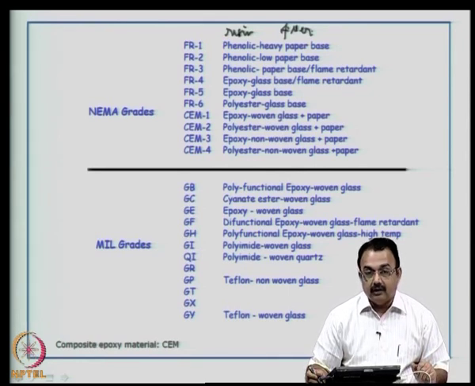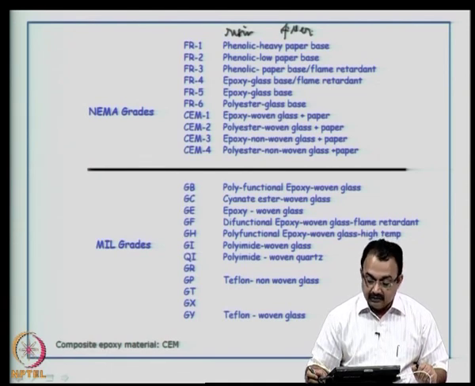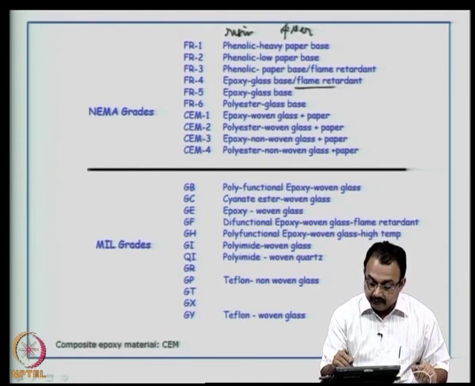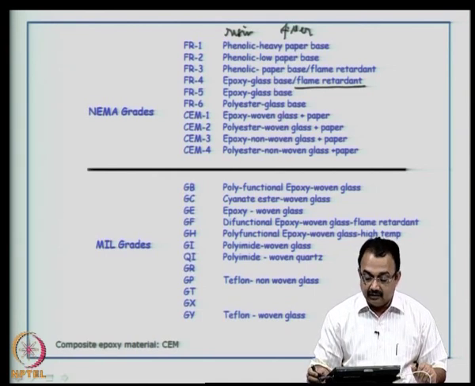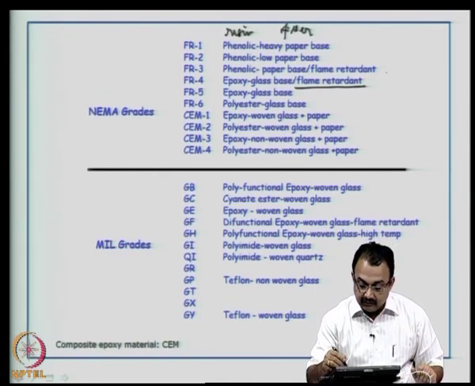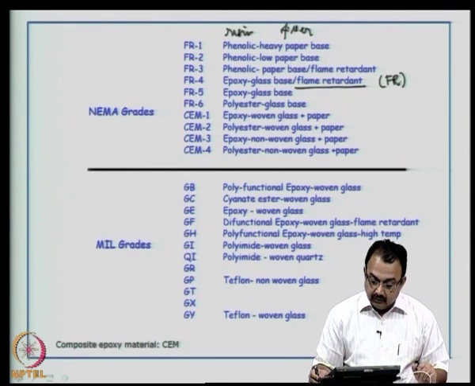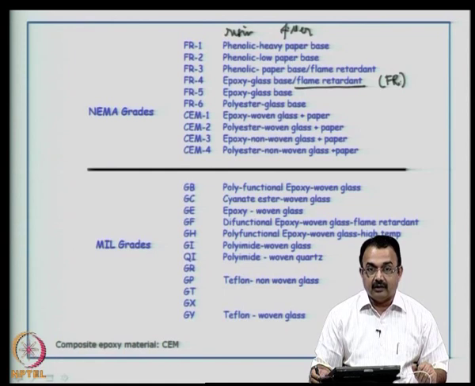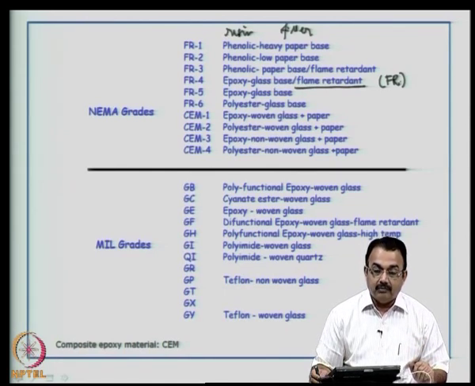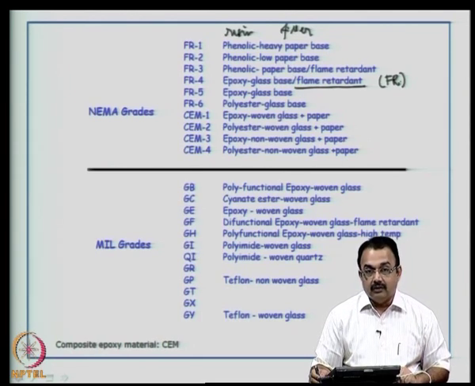FR4 for example contains an epoxy resin, it contains a filler which is glass base, and more importantly it is flame retardant. That is why we use the term FR, flame or fire retardant. So, if the material has to be flame retardant or fire retardant, there are again qualification procedures for the material to be certified as FR based. Okay.